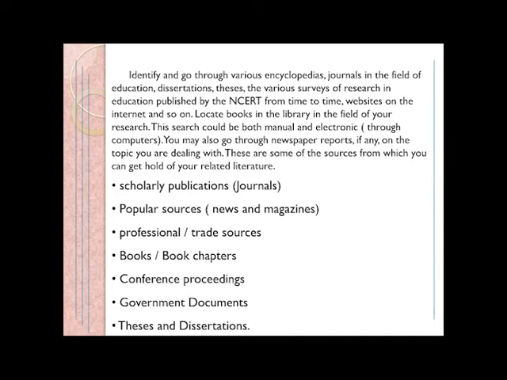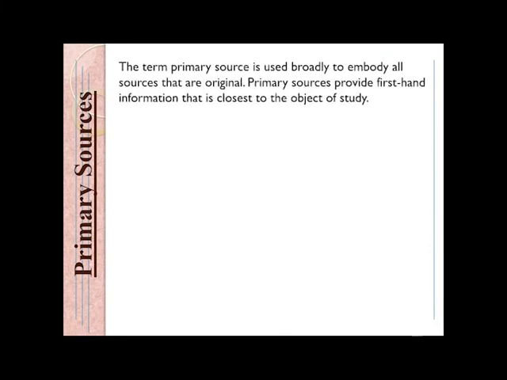Let us first understand what are the primary sources. The term primary source is used broadly to embody all sources that are original. Primary sources provide first-hand information that is closest to the object of study.